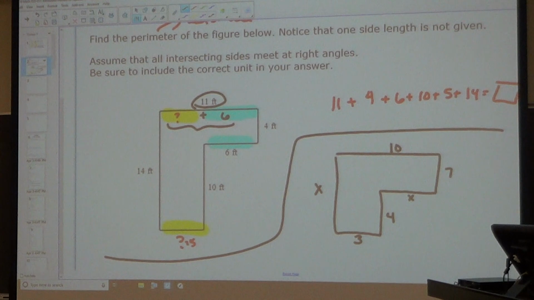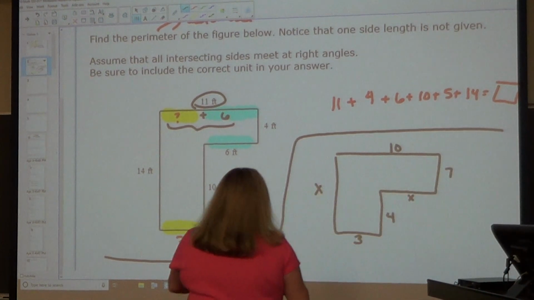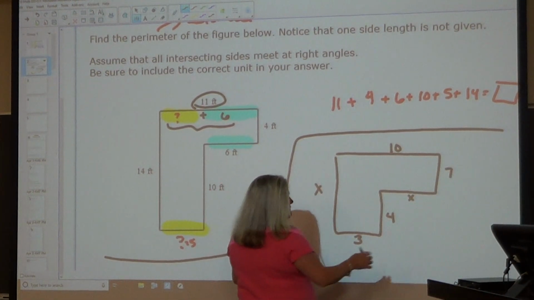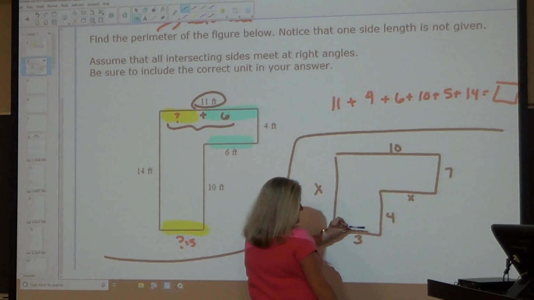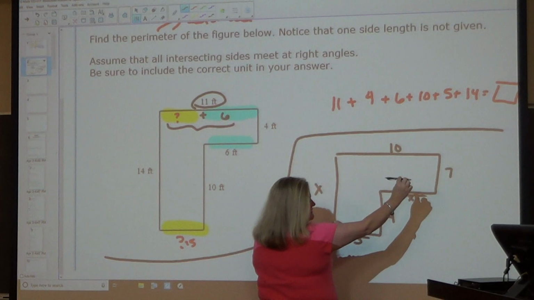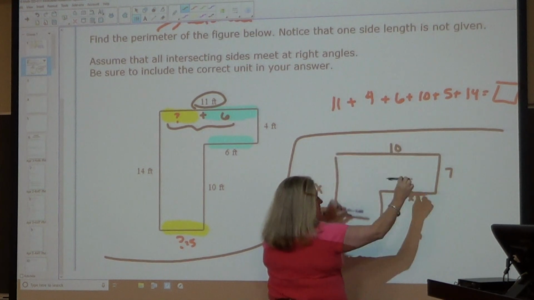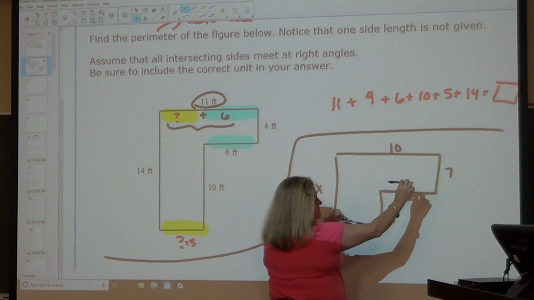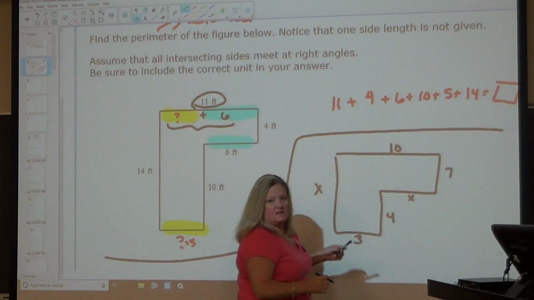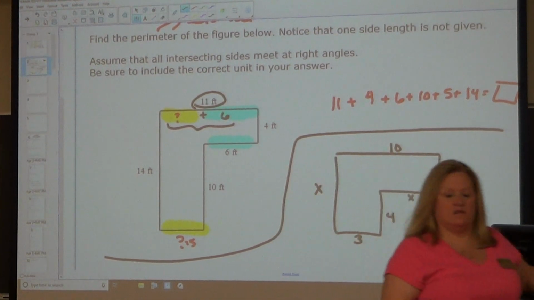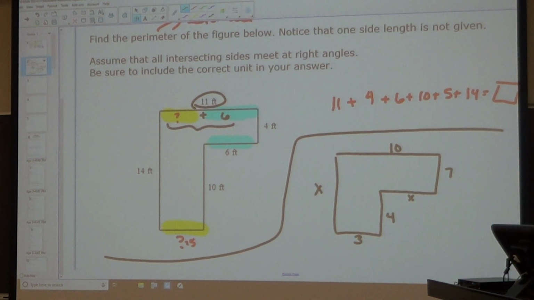I have 2 X's that I need to find. Okay, for this first X, this one and this one have to add up to 10. So 3 plus what equals 10? 3 plus 4. 7. So this side is going to be 7. We good?